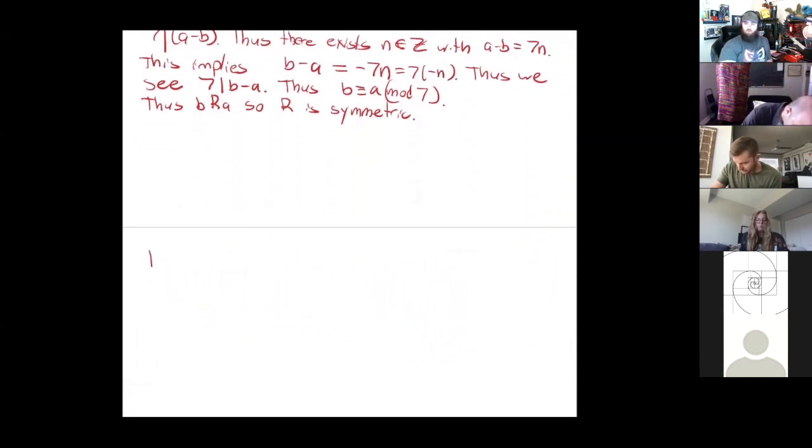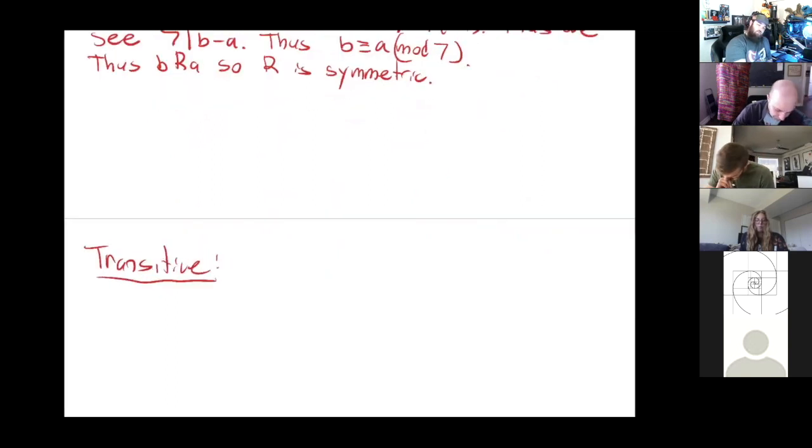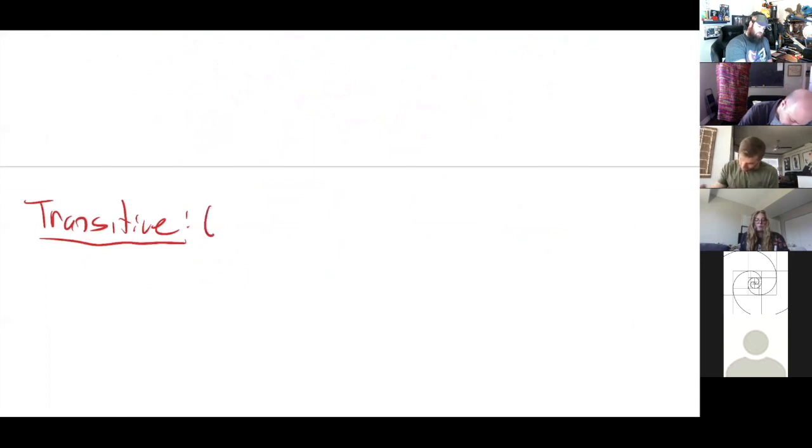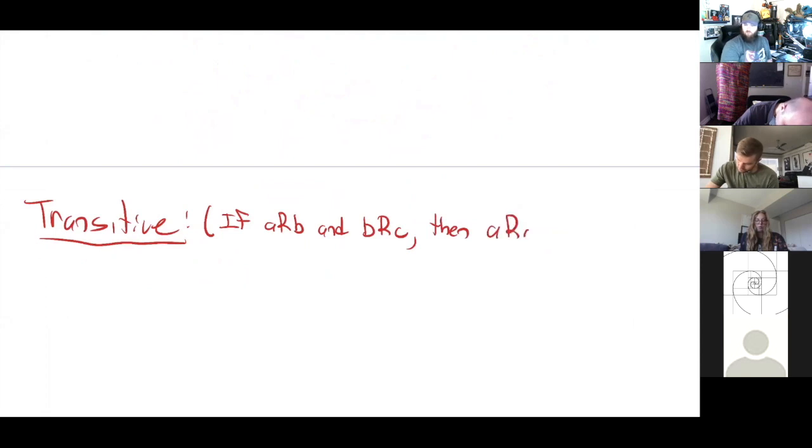Okay, and then we've got the transitive part. And again, that's the implication that we want to prove.